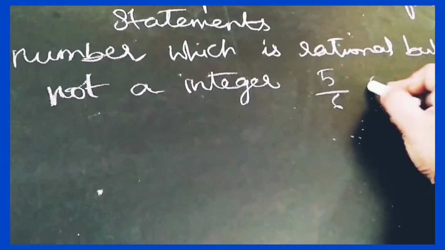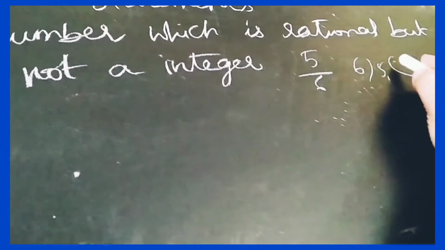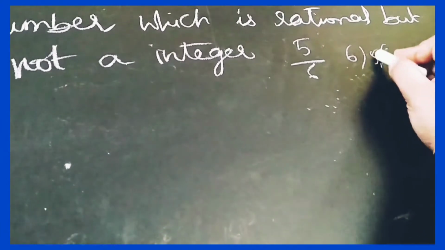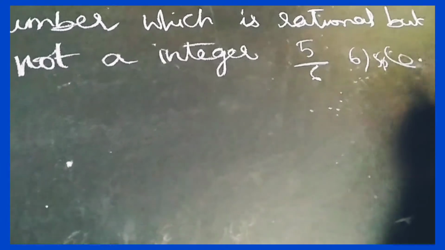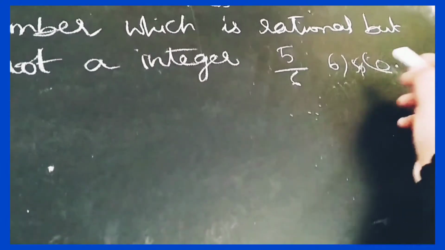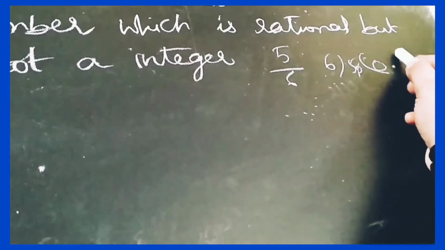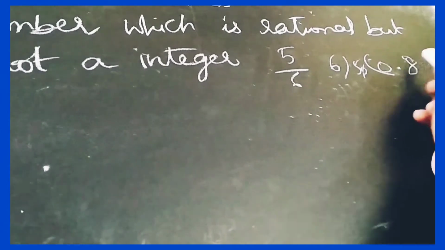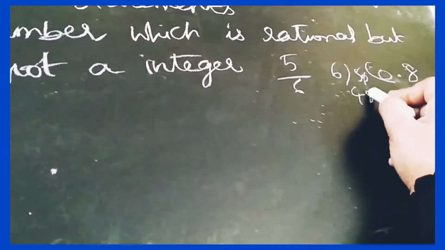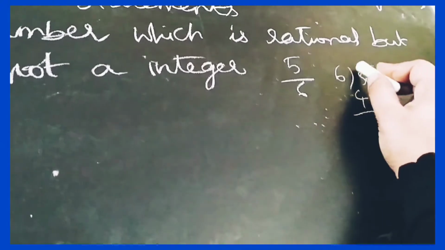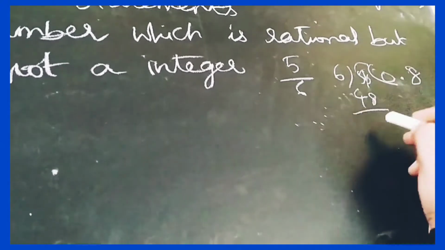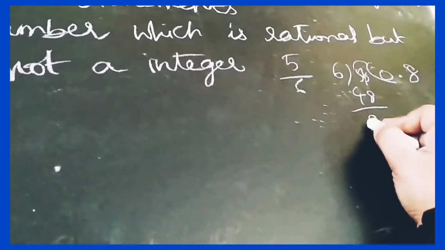If we divide 5 by 6, what is the answer here? We have to take here 0. Okay, again we have to write here 0 point. Okay, 6 sevens are 42, 6 eights are 48. Okay, 48, 49, 50 here, 10 minus 8 is 2.